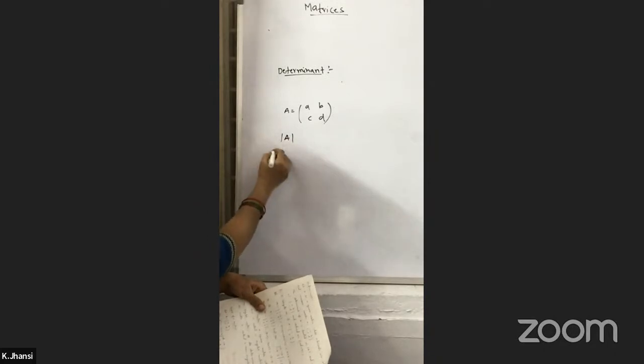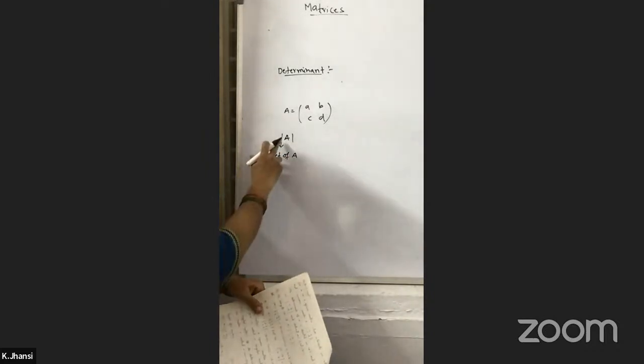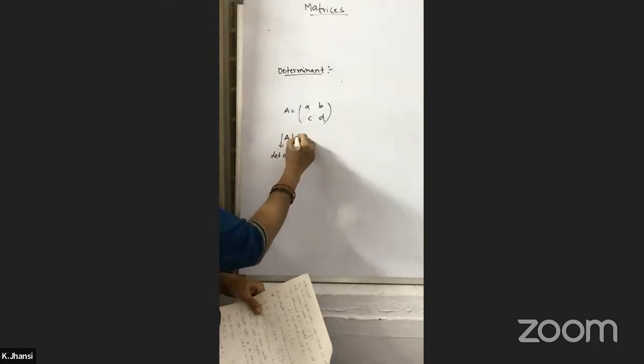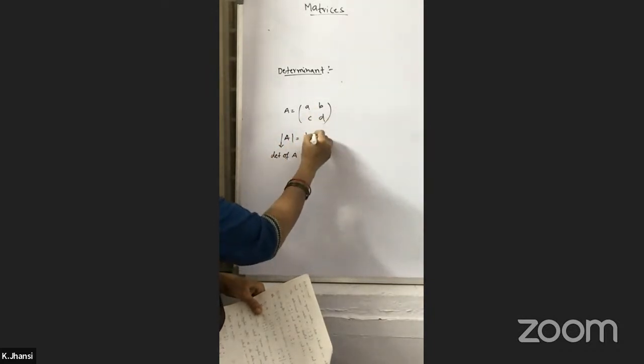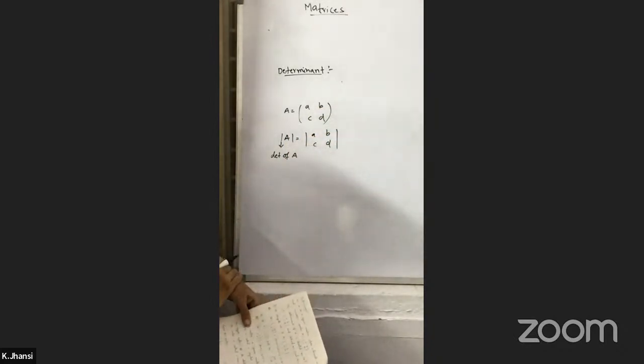This is called det of A, shortcut, det of A or determinant of A. Like this modulus, if you write, then we write the matrix also, a, b, c, d. So this is called the determinant of the matrix.